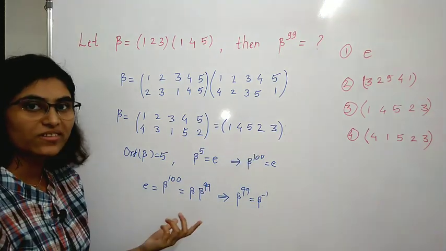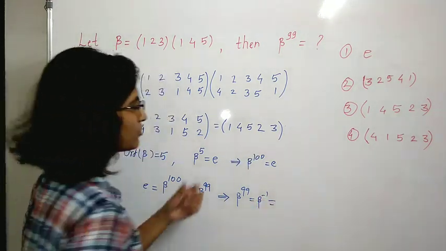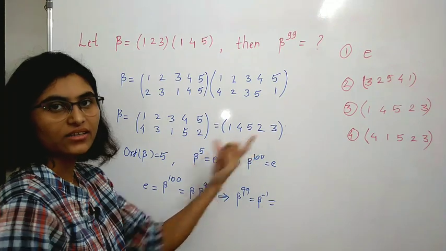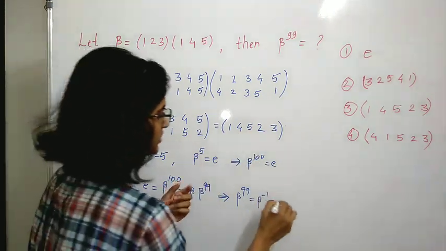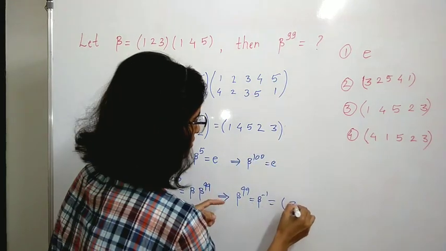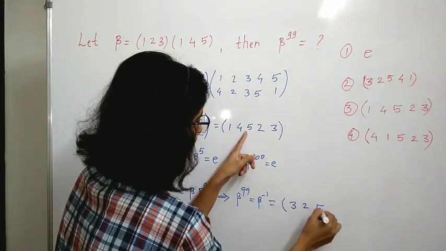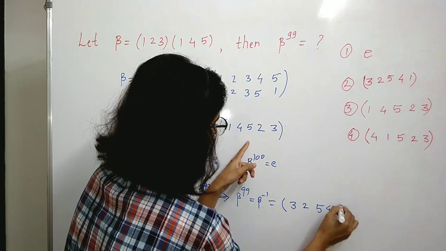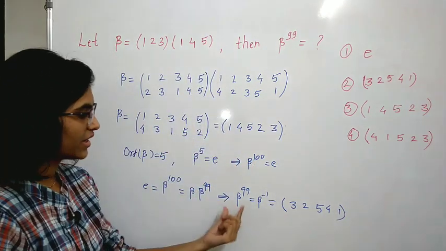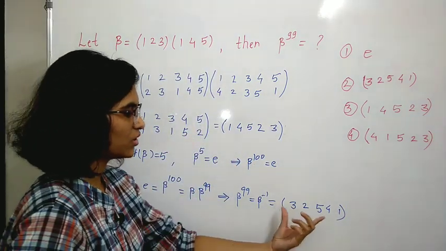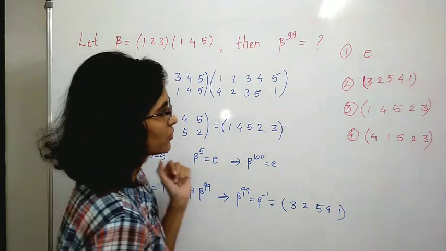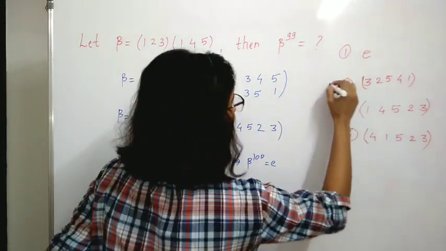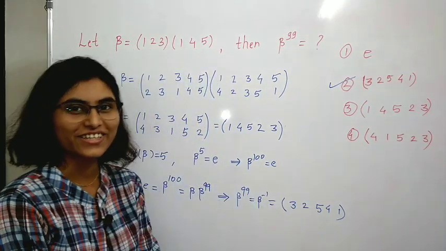So beta inverse is just, you take this cycle and write these elements in reverse order. That means start with 3, then 2, then 5, 4, and 1. So beta raised to 99 is equal to this cycle (3 2 5 4 1). So the second option is the correct option.